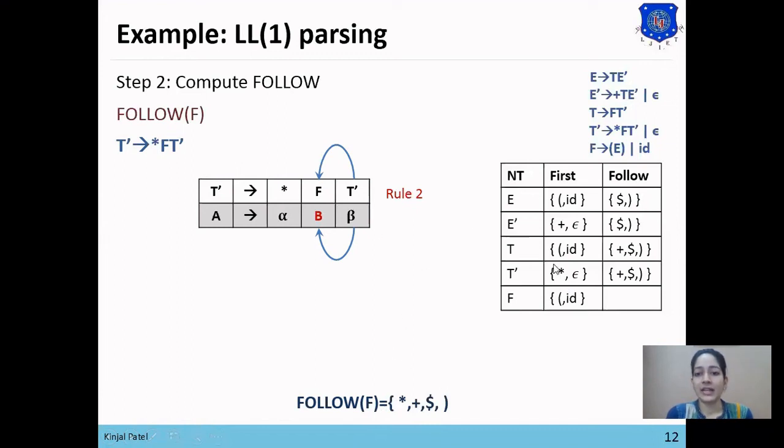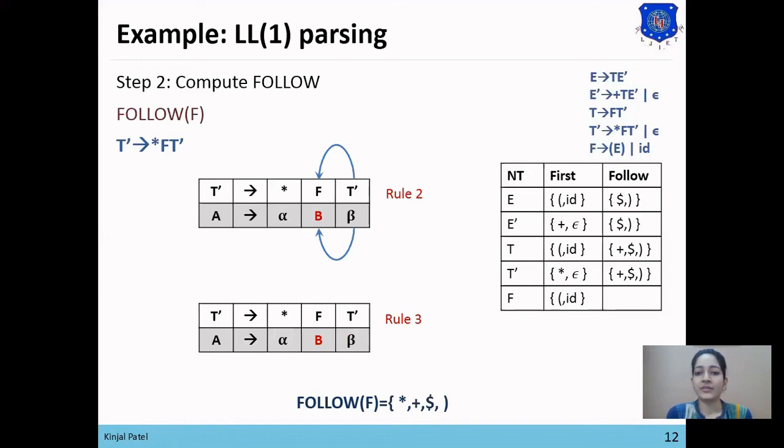But T dash derives null. So we will also apply rule number 3. Rule number 3 says that if T dash derives null, then substitute T dash with null. So T dash will be vanished and our production will be like T dash produce star F, which matches with this statement A produce alpha B. As no symbol is following F, follow of T dash will be added in follow of F, and follow of T dash is plus dollar and closing bracket.